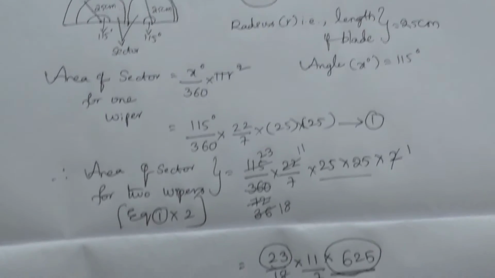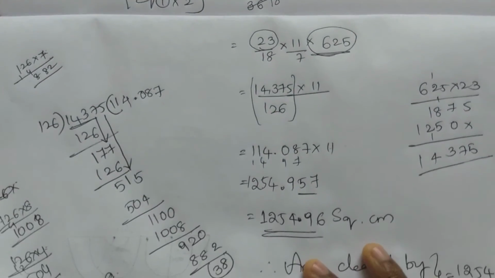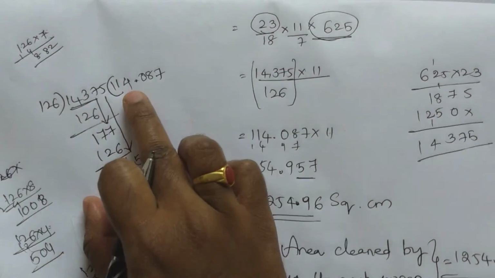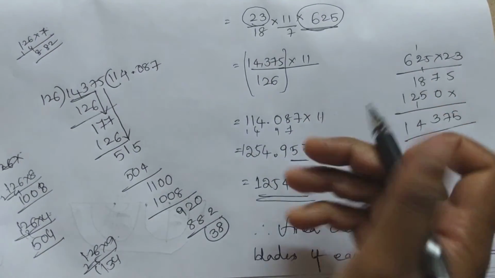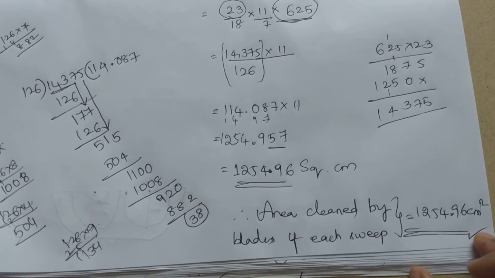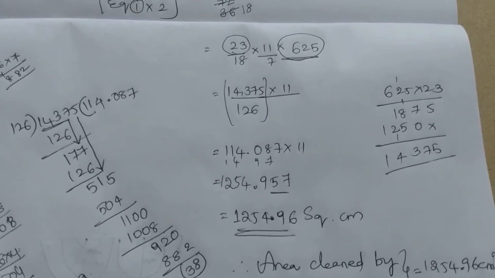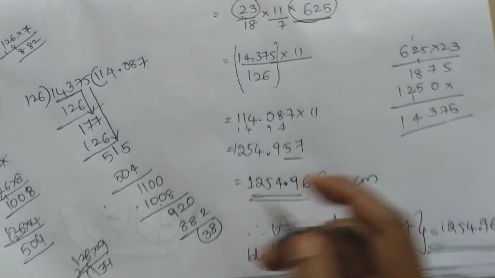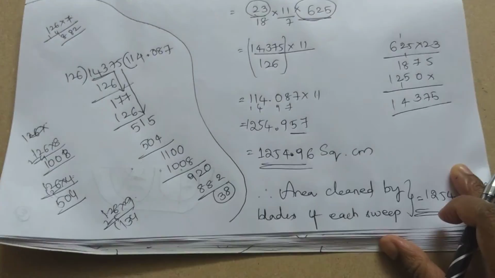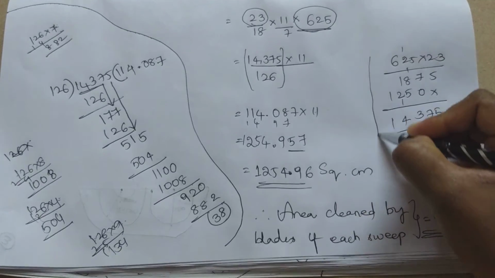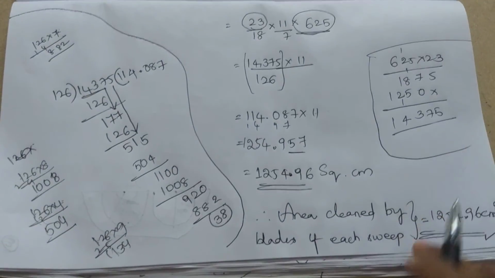So here simplification is very, very important. Put the easiest one outside such that in the last step you can do the multiplication easily. This is the solution. It's very simple. This is all the rough part. The main solution is this one.